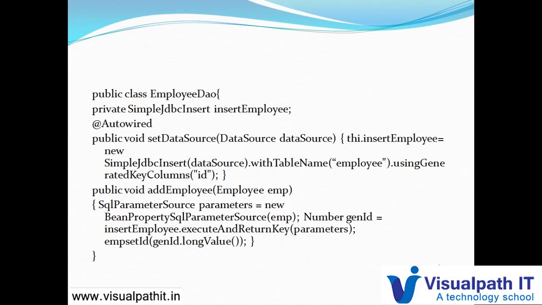This particular class is used if the values to be inserted into a table are provided by the instance of a Java Bean class. The instance of this BeanPropertySqlParameterSource class is created by passing the instance of the employee Java Bean. See here, we can see the employee EMP Java Bean class as an argument.